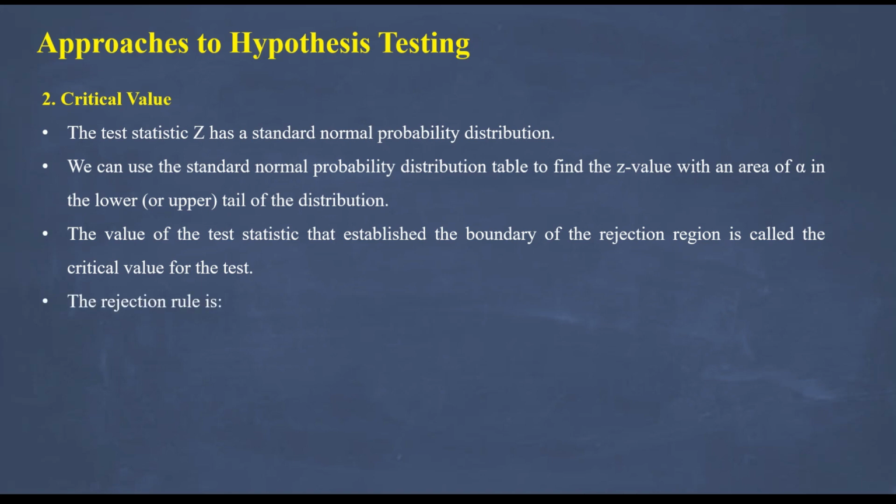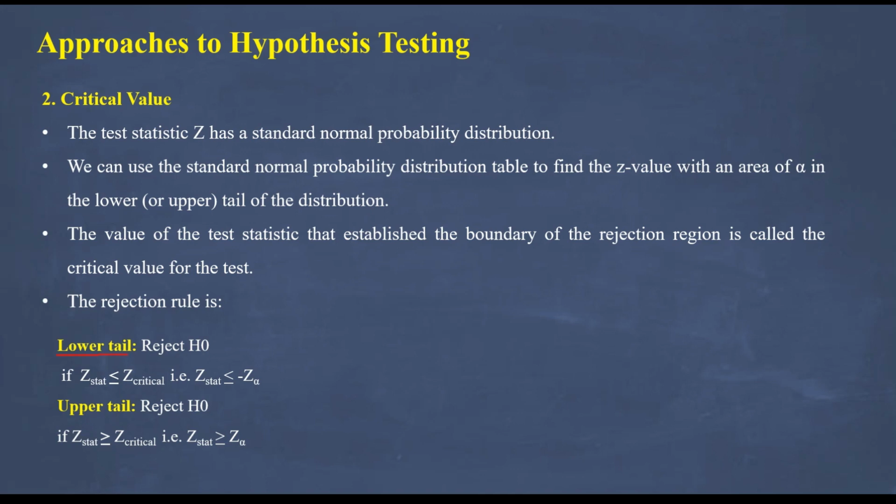The rejection rule is, if it is a lower tail test, reject H0 if the value of the Z statistic is less than or equal to Z critical, that is, Z stat is less than or equal to minus Z at level of significance alpha. If it is an upper tail test, reject H0 if Z stat is greater than or equal to Z critical, that is, Z stat is greater than or equal to Z at level of significance alpha.